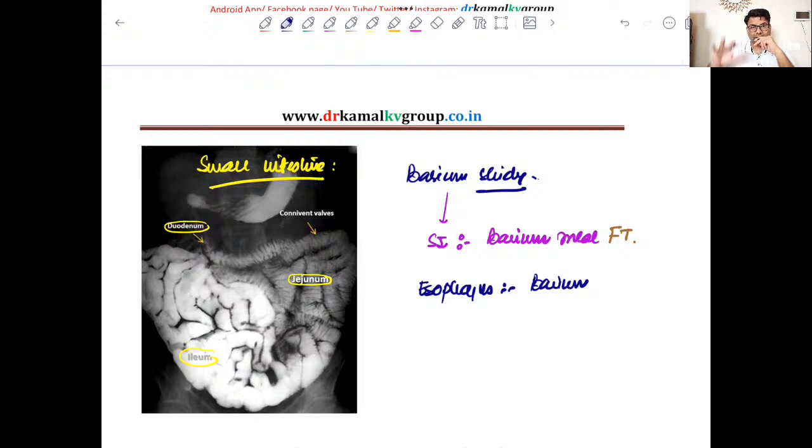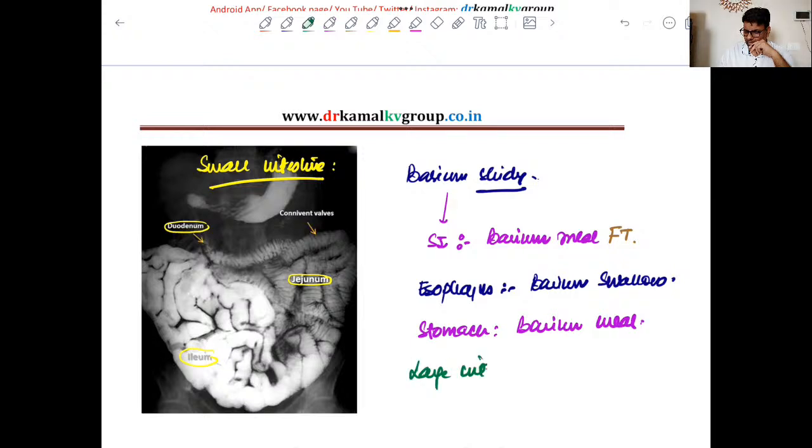If we want to study the anatomy of esophagus, we do barium swallow, right? Then if we want to study stomach, we do barium meal, right? And for large intestine, we do barium enema. Clear?